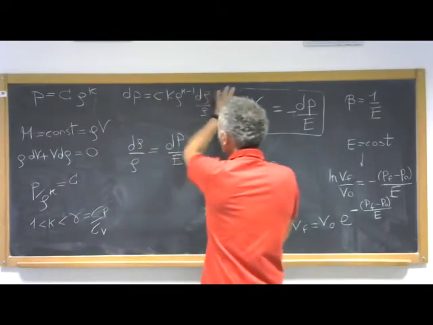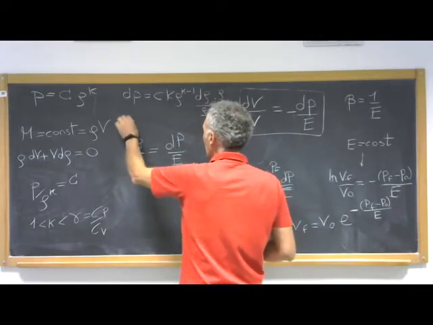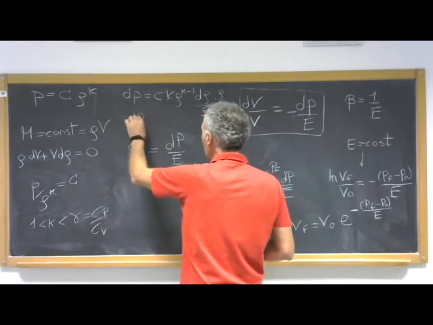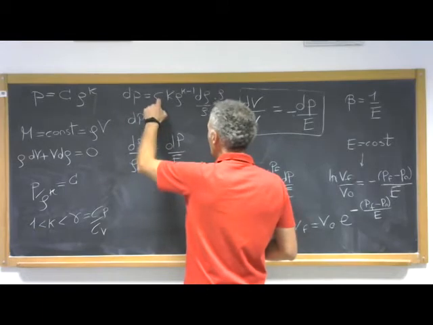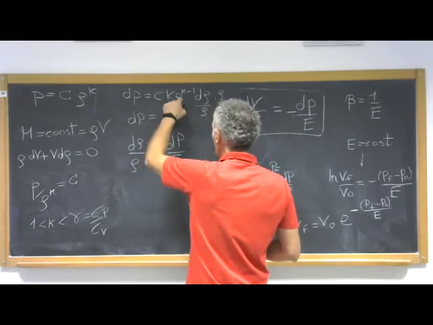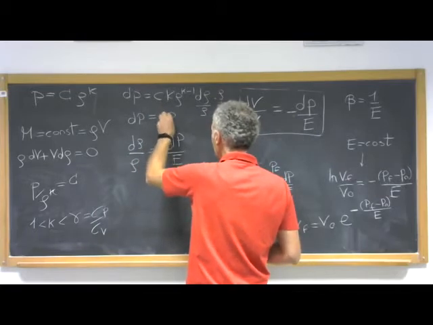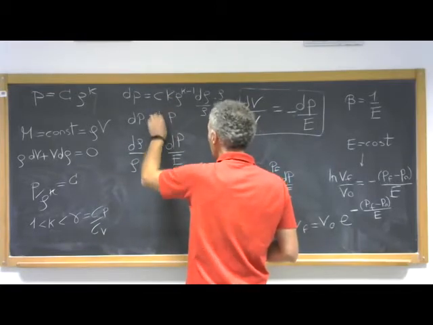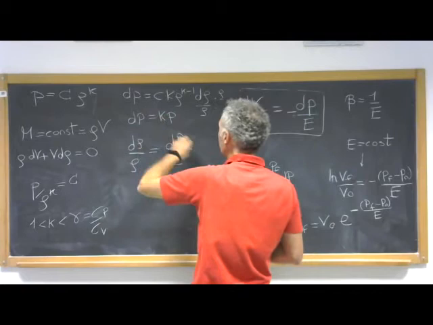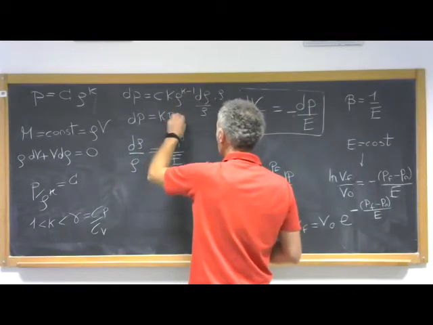So I can recast this expression in the form dP equal to C rho to the power k, which I call P, then I have k, and then I have d rho by rho.